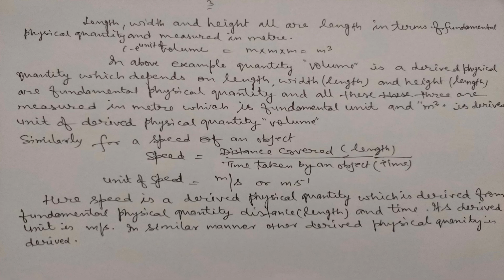The length is a fundamental quantity here, and the time is also a fundamental quantity. So speed depends upon length and time. The unit of the speed is meter per second, because distance is measured in meter and time is measured in second, and meter per second is a derived unit.